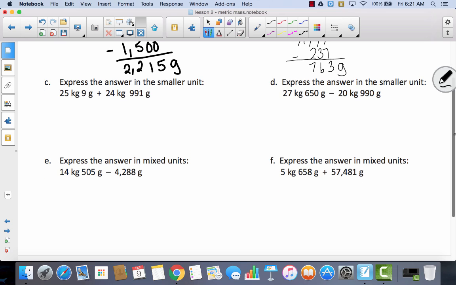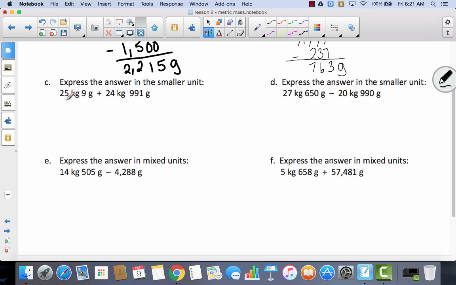All right, so let's take a look at C. It says express the answer in the smaller unit. Which one of these is smaller, kilograms or grams? Well, grams are smaller, so we're going to express our answers in grams. There's a couple of ways that we can do this. We can add kilograms and kilograms, and grams, or we can just go ahead and convert the kilograms to grams before we ever add. Let's go ahead and do that for this problem.